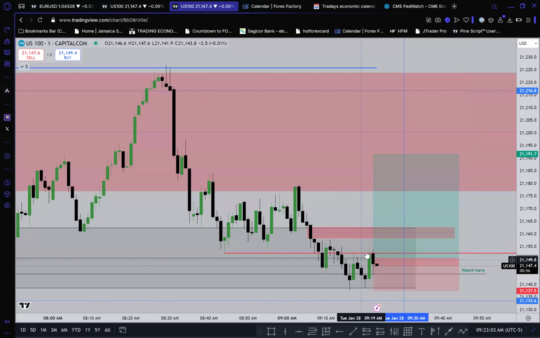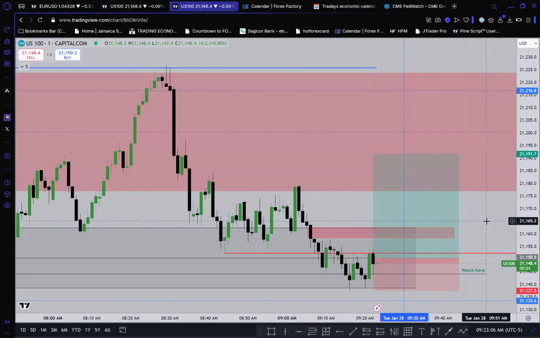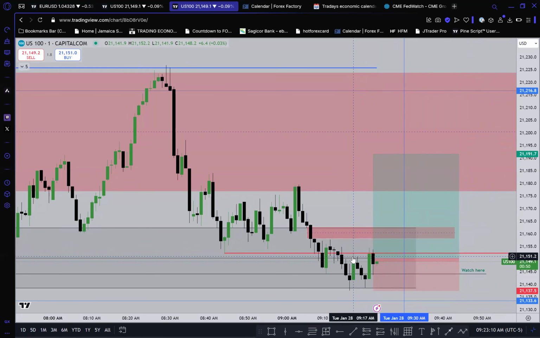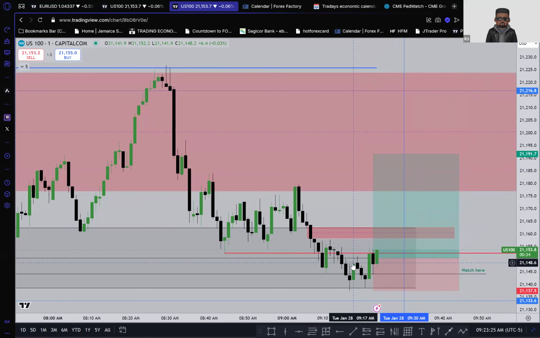So now, once it starts going above here, I'm going to add positions. It needs to close above that red line, which is overlapping with this 917 high, and I will add. If it closes above it, you start adding from the open of the next candle, isn't it?